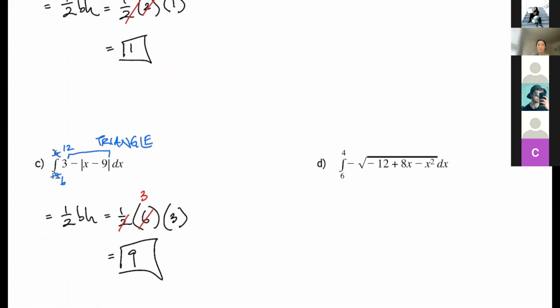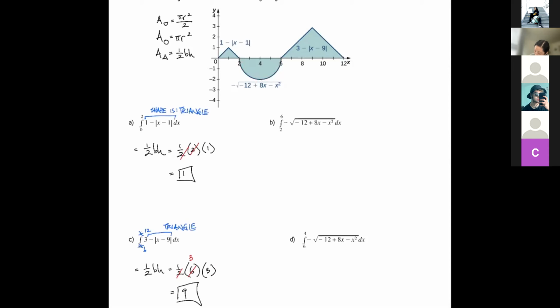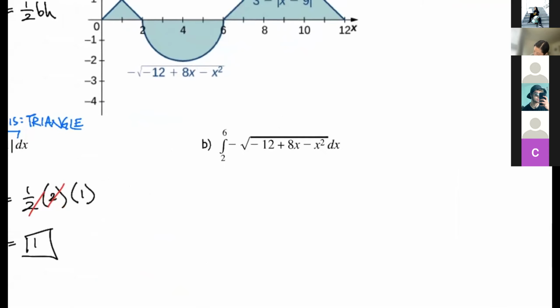Now we do need a different formula for this second piece, part B, because this one from 2 to 6 is not a triangle, but it is a semicircle, right? So let's go ahead and identify that, and then we'll figure out what numbers to plug in. This whole equation is a semicircle.